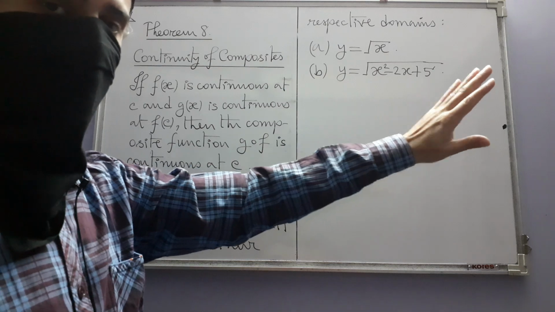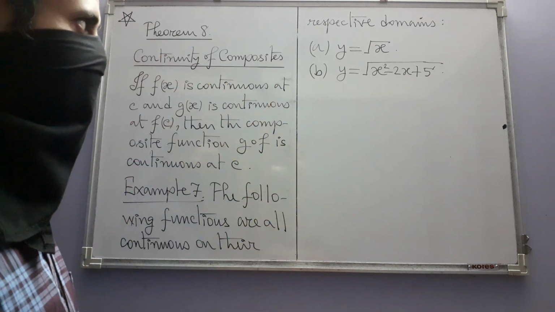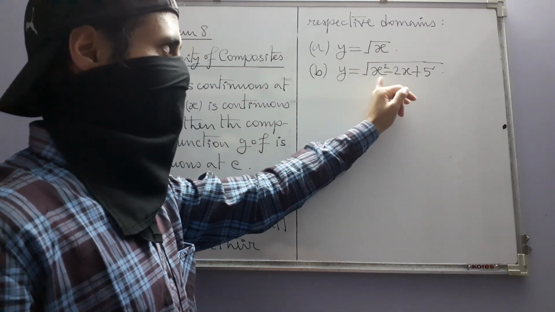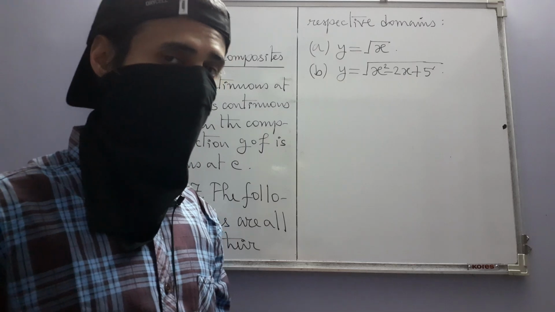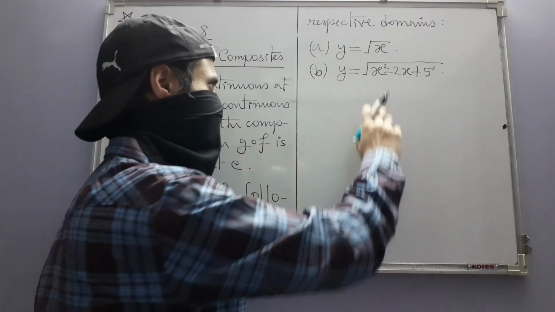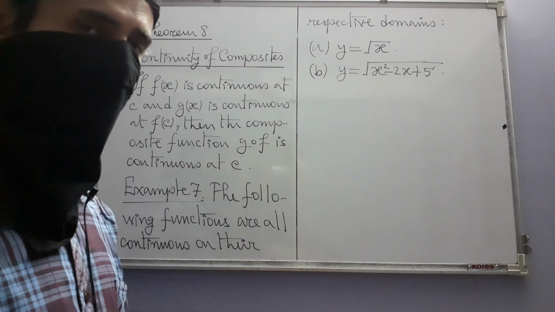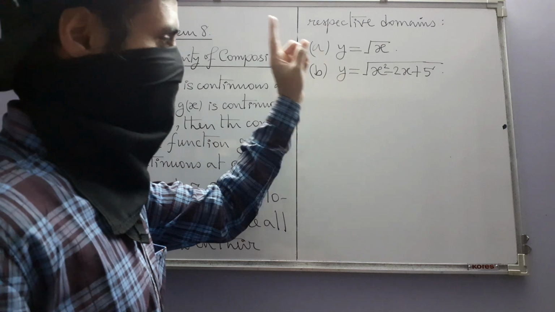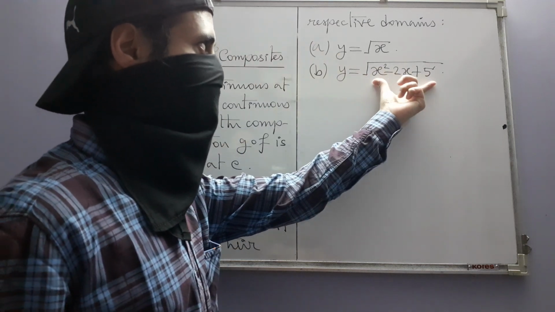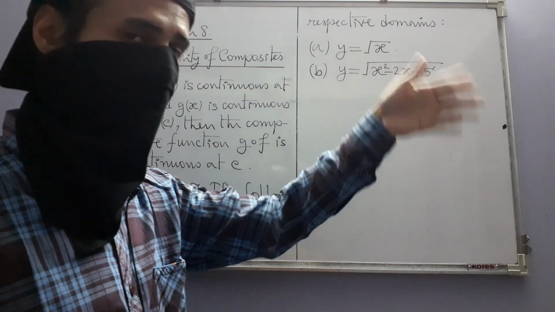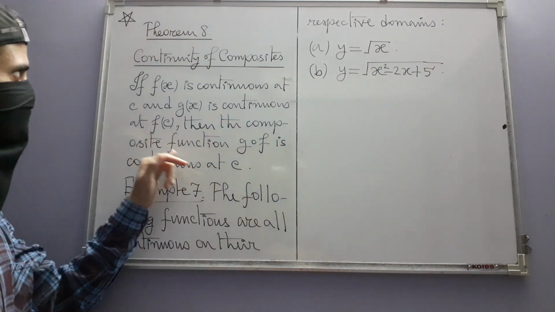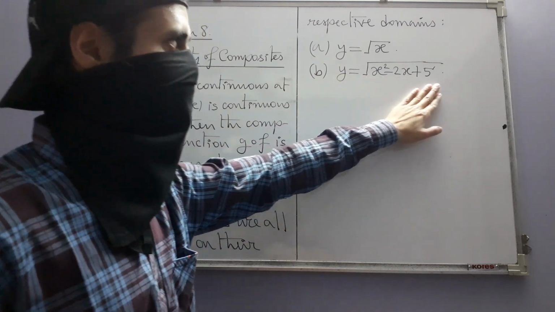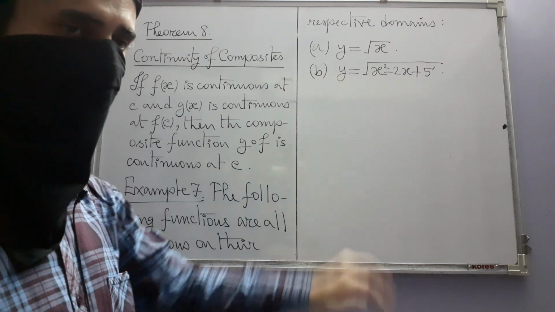Now we are not going to find the domain, but whatever its domain is, in that domain, first of all, the quadratic polynomial function inside this radical is continuous by theorem 7, because polynomials are continuous everywhere. And then you take the composition of this polynomial function and the square root function, both of which are continuous, and use this fact, continuity of composites, to claim that this function is also continuous. So that's how this one is continuous.